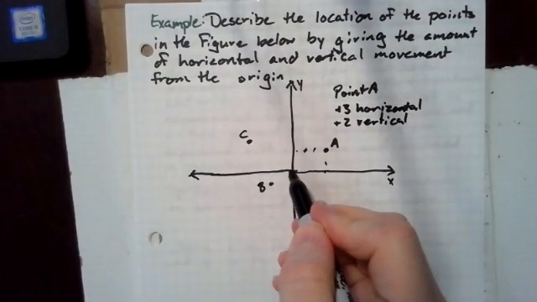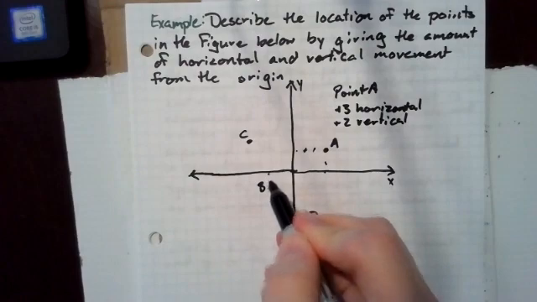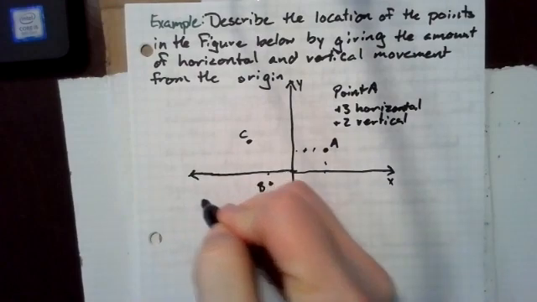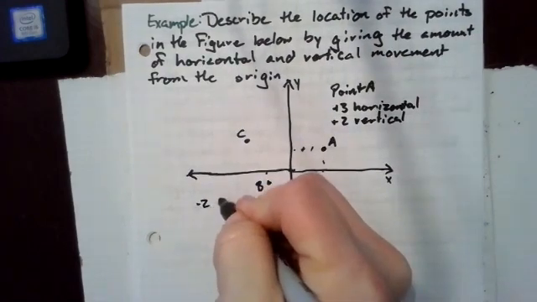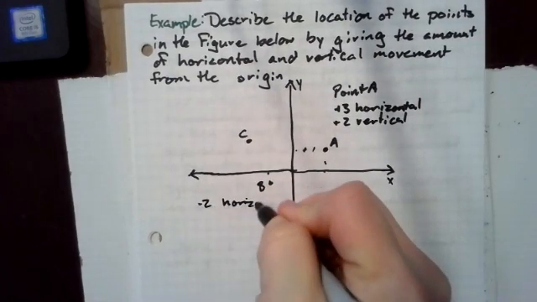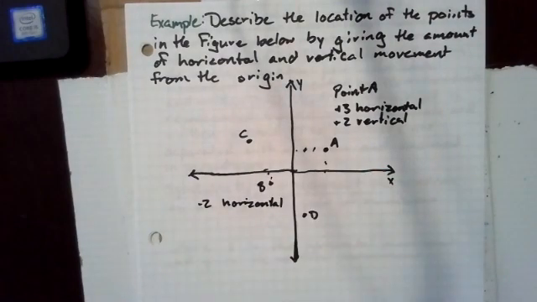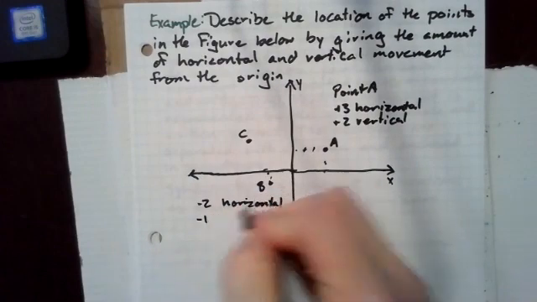B goes back 2 units, so that's negative 2 units. And it's down 1 unit, so that's negative 1 unit.